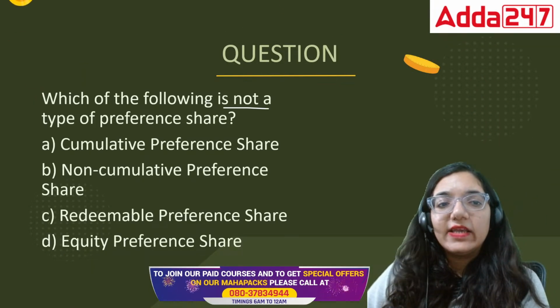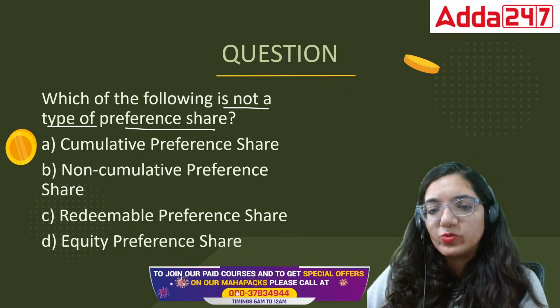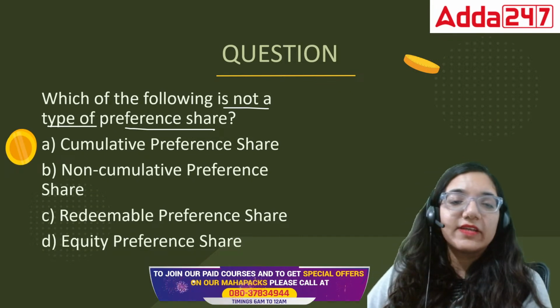Which of the following is not a type of preference share, everyone? There are different types of preference shares. Which one among the following is not a type of preference share?